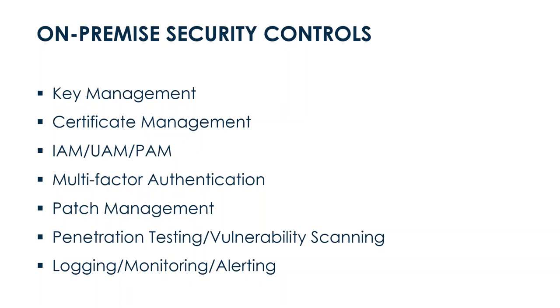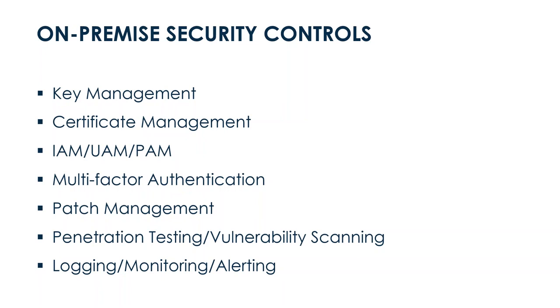If you look at the top 3 service providers, AWS, Azure, and Google, it doesn't mean that IBM or Alibaba don't have these. They do have their own version of each of these on-premise security controls. So you just need to work with your service provider around these. What are these parallel controls within their environment?